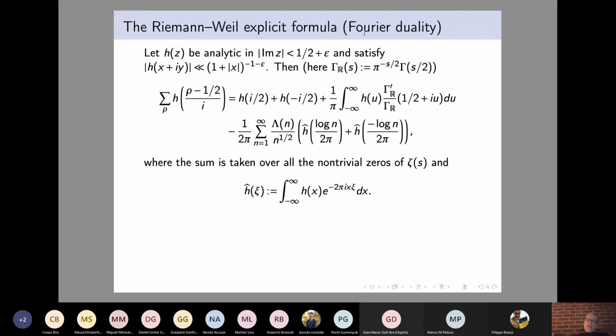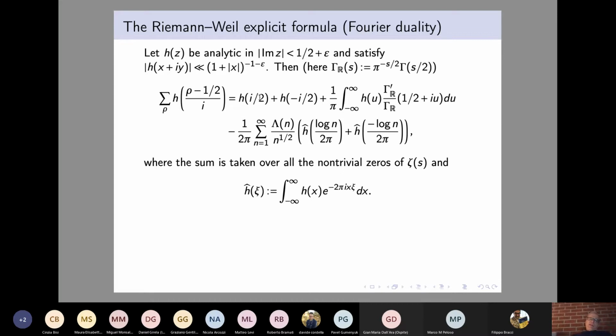Well, actually, to make it look like a Fourier analytic duality relation, I now mapped the critical line to the real line so that it really looks Fourier analytic. So that's why I subtracted a half and divided by i, to send the critical line to the real line. Okay, so you get the values of h summed over the non-trivial zeros on one side.